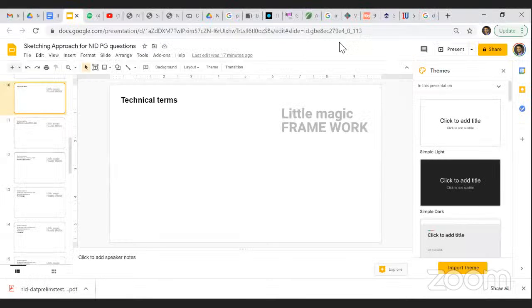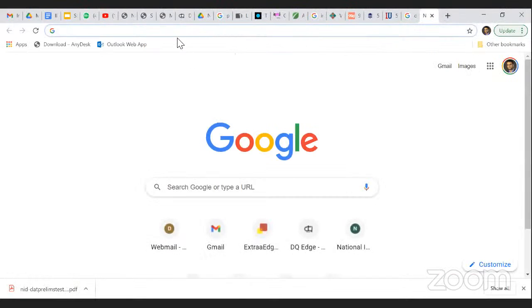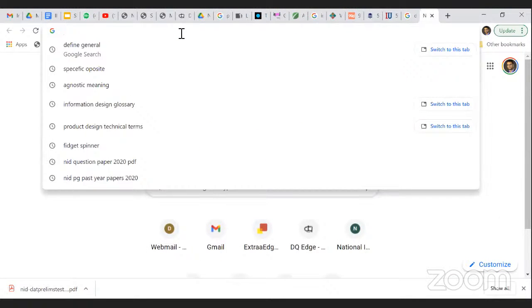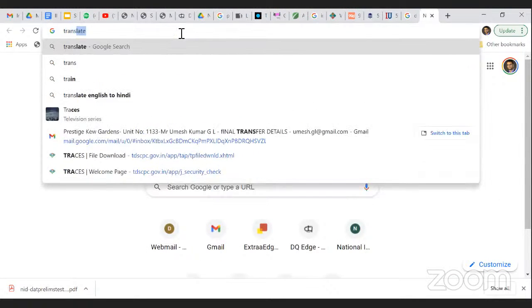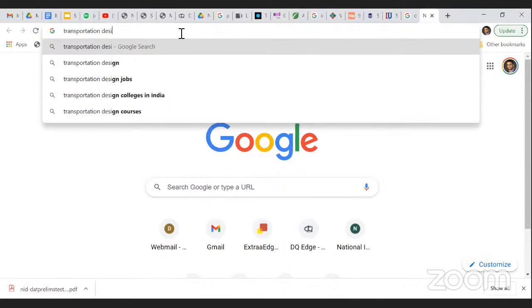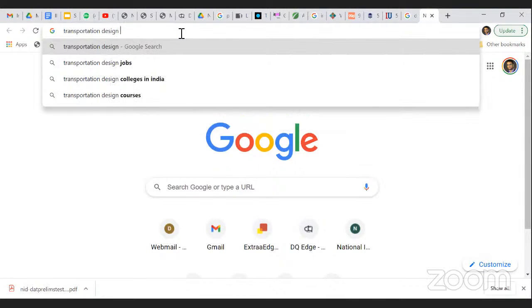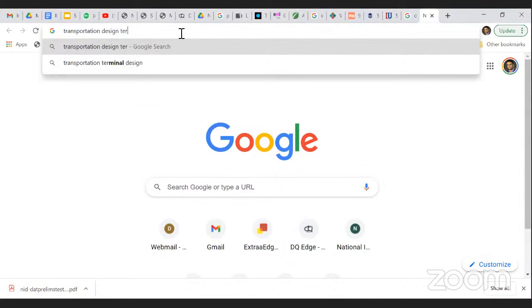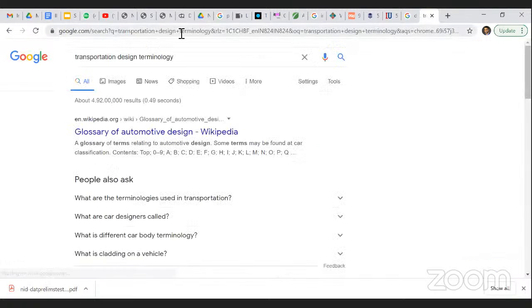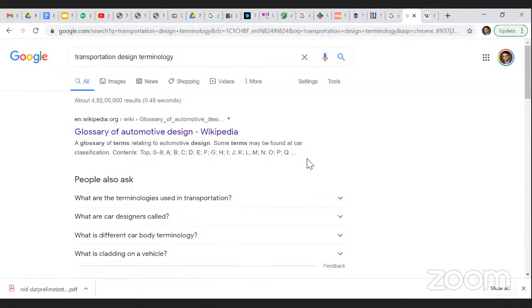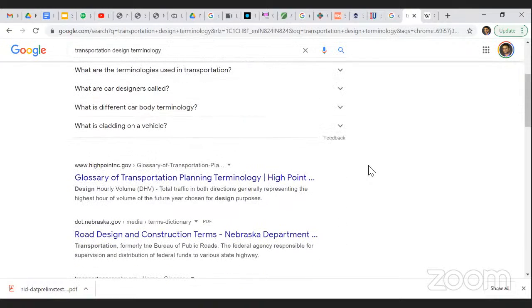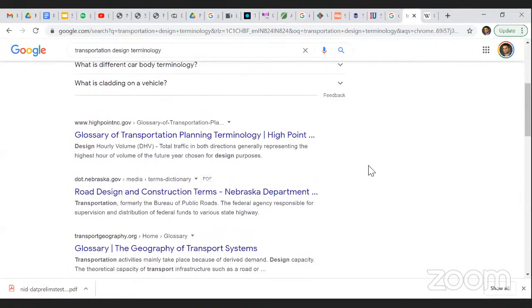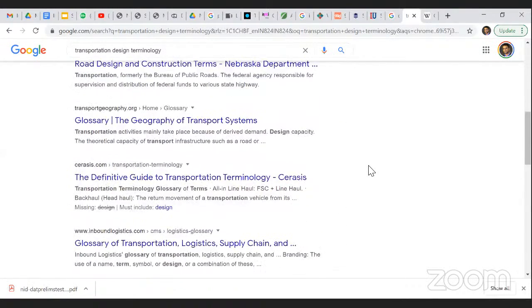Now let me just take a minute here, since we are talking about transportation design. Your search can be like, for example, glossary of automotive design. Wikipedia is a good source. You get all the kinds and terms of such words.